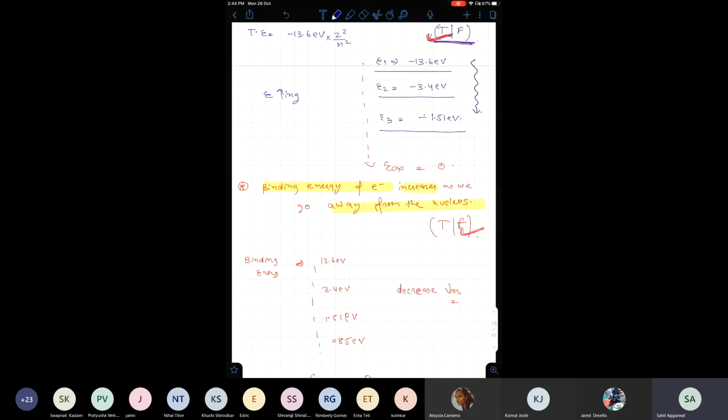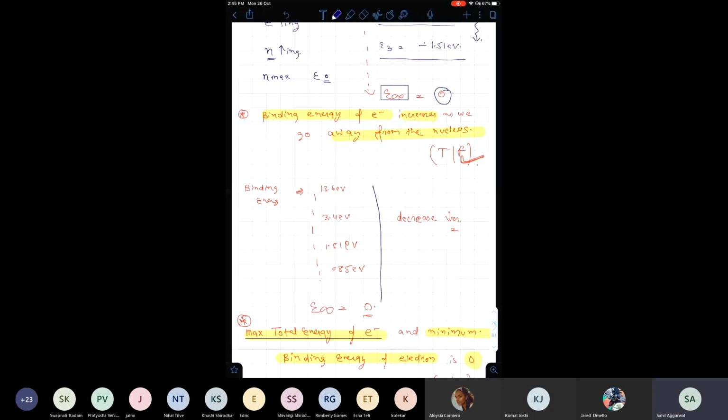So when n is maximum, E will be zero. This value is decreasing, so minimum it will be zero. That will be at infinity. That's what we have written.